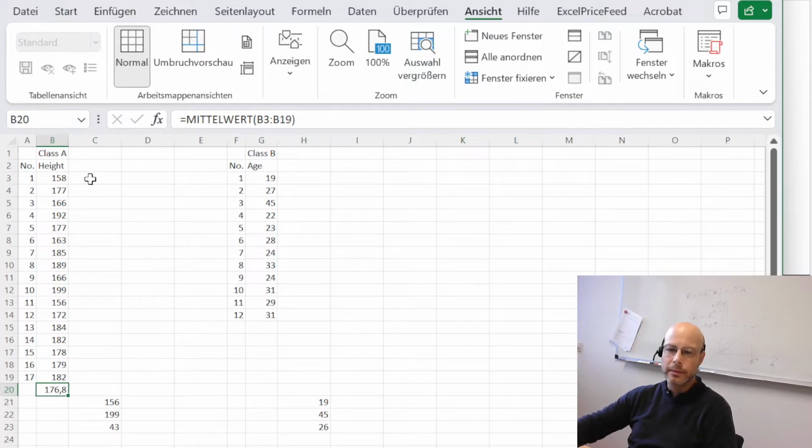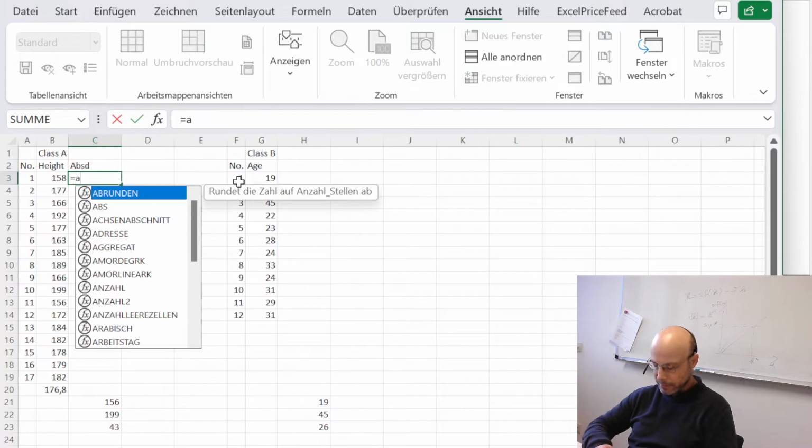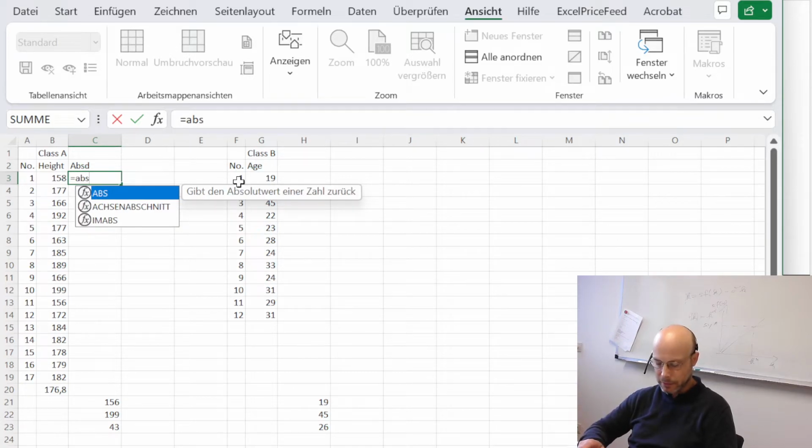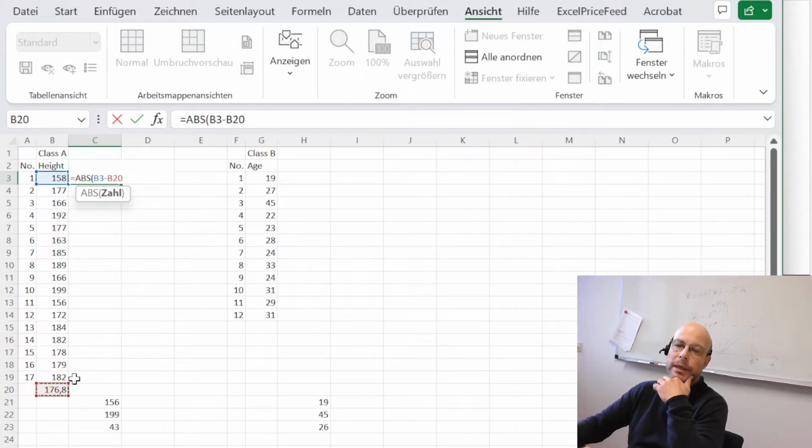And then we take the absolute deviation. So there we have also a formula called ABS. And then we take this one minus our arithmetic mean.